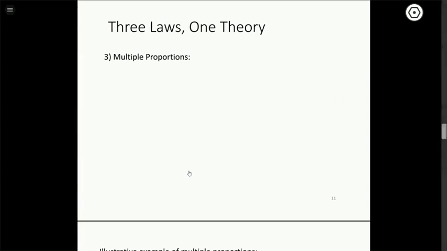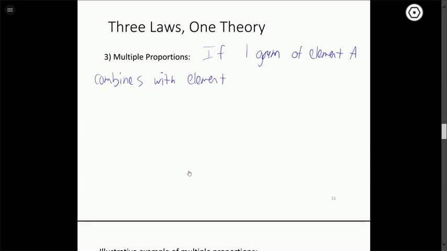And it's stated in a sort of quantitative way, which is that if 1 gram of element A combines with element X, so two different elements, as I'm abbreviating them, A and X, and let's say it's possible to form two different compounds.